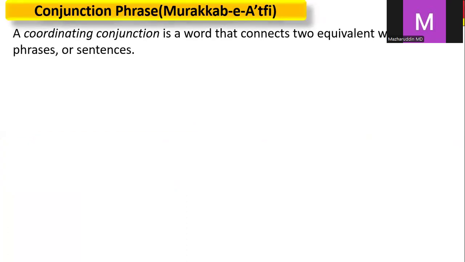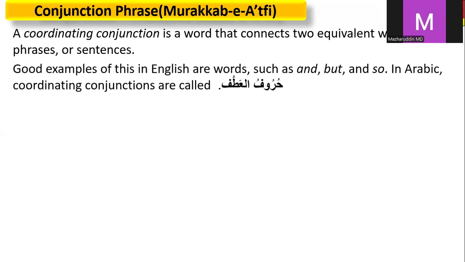A coordinating conjunction is a word that connects two equivalent words, phrases, or sentences. Good examples of this in English are words such as and, but, and so.